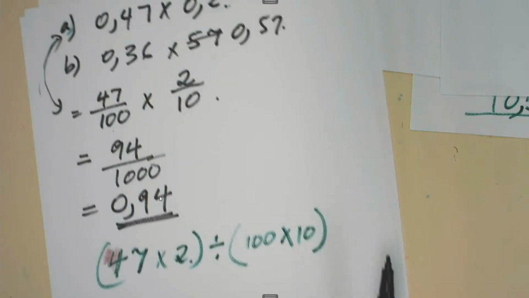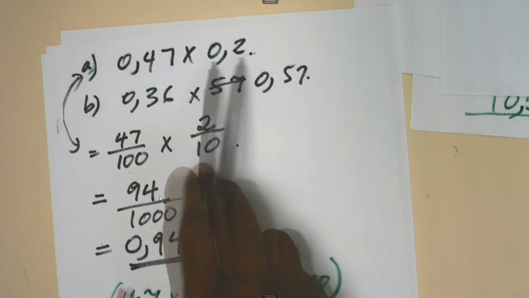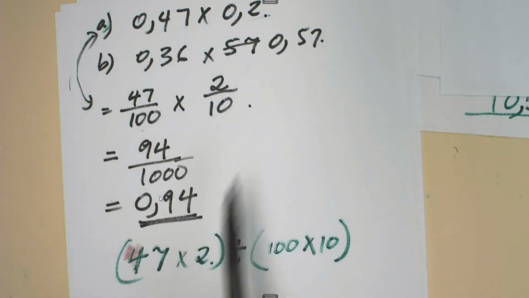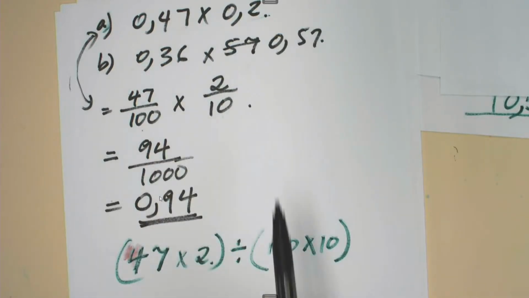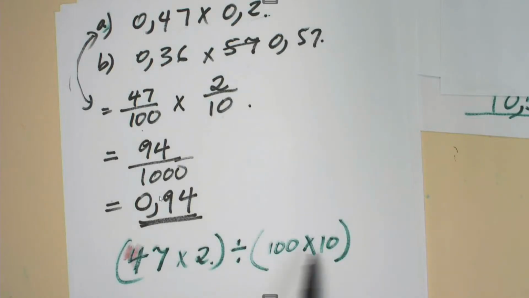Both are the decimals. You see that? That's why we will be saying 47 multiplied by 2 and then divide by hundreds. We have also multiplied by tenths, which means it's going to be 100 multiplied by 10. You get my drift. Thank you.